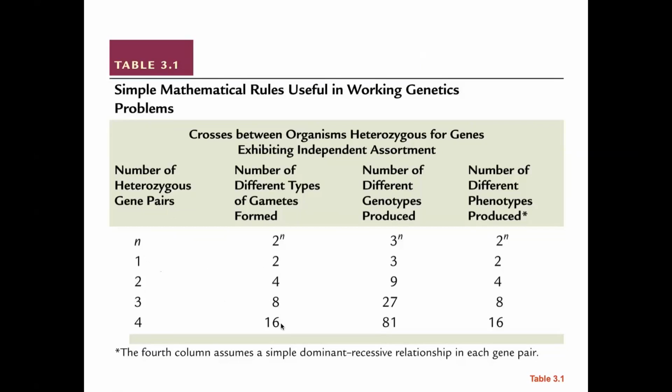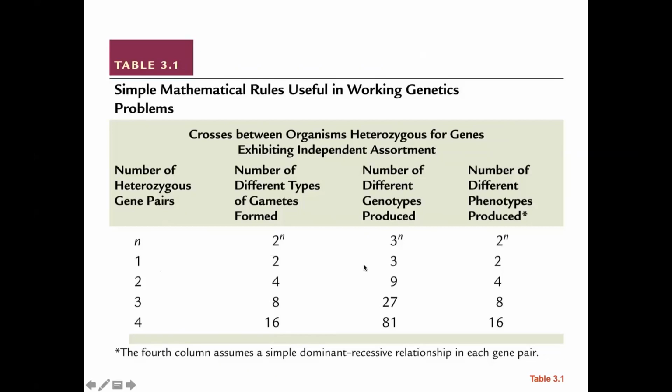So the general formula to use to predict different gametic types is 2 raised to the nth power, where n is equal to the number of heterozygous gene pairs or genes within that organism's genotype. So if you're heterozygous for 10 different genes that are all assorting independently of each other, the number of different gametic types that you can produce is 2 raised to the 10th power.